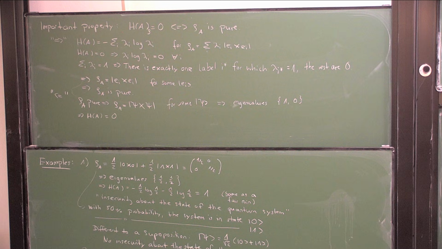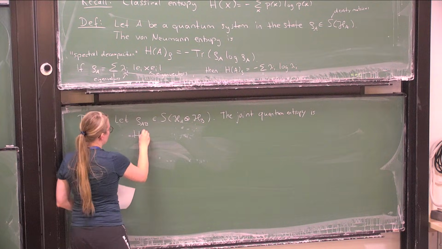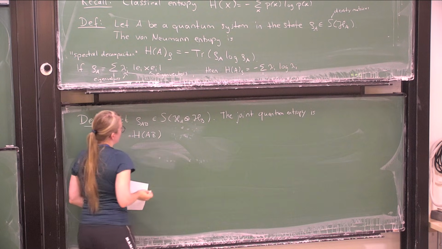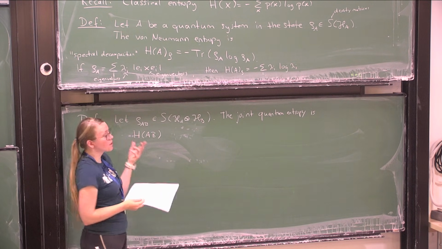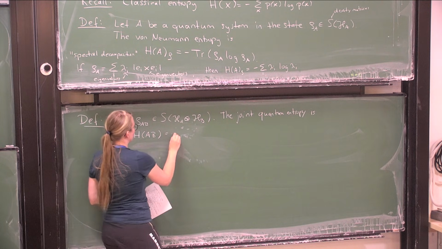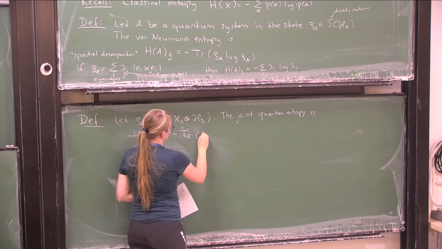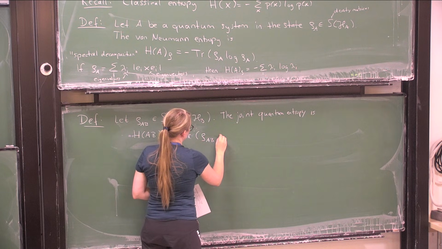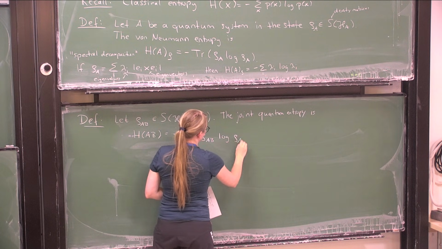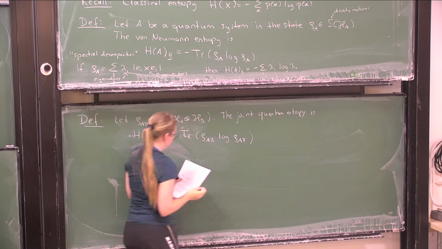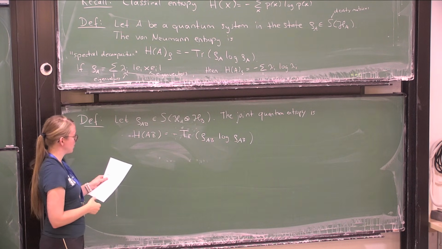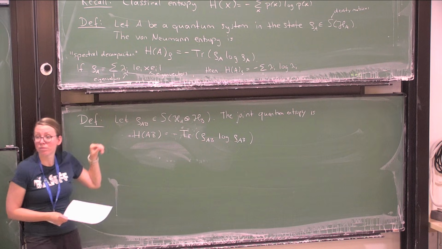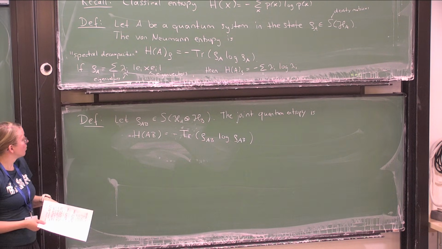This is very analogous to the classical case, where we just replace the probability distribution with the joint probability distribution. And here we just replace the quantum state with the joint quantum state, the entropy of rho AB.